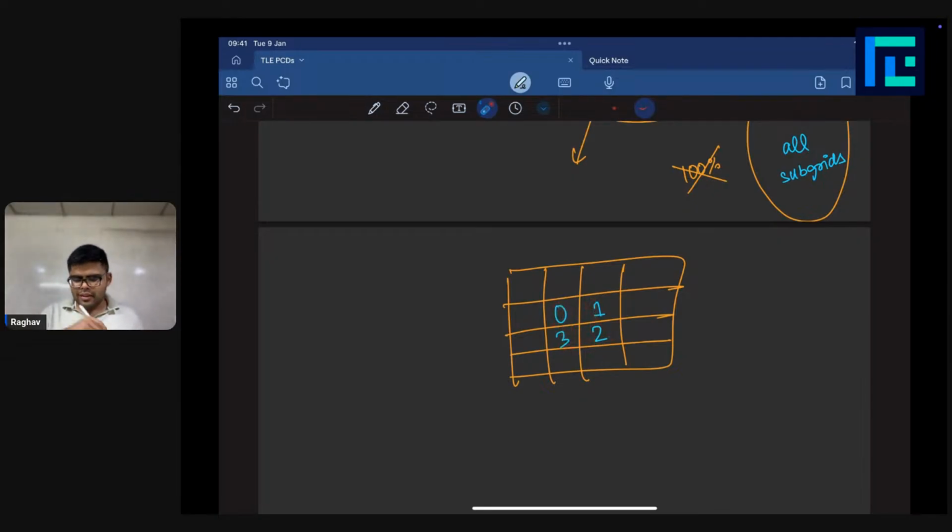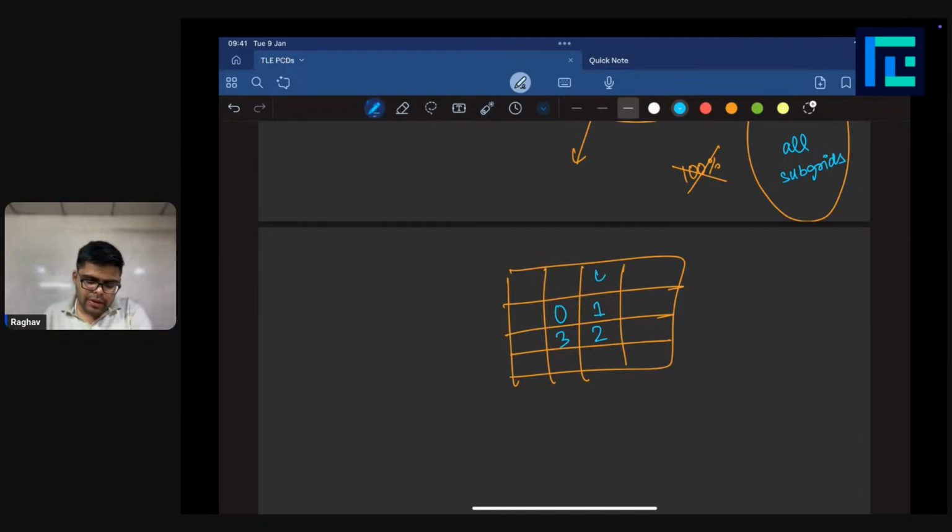And then I had the same observation at other places. Instead of writing 4 5 like this, if I had written 4 5 like this, then also all the subgrids that were having all these 4 or 6 people will still have these 6 people, all of those subgrids. There will be no subgrid which is having one of these cells and all of these 4 people.